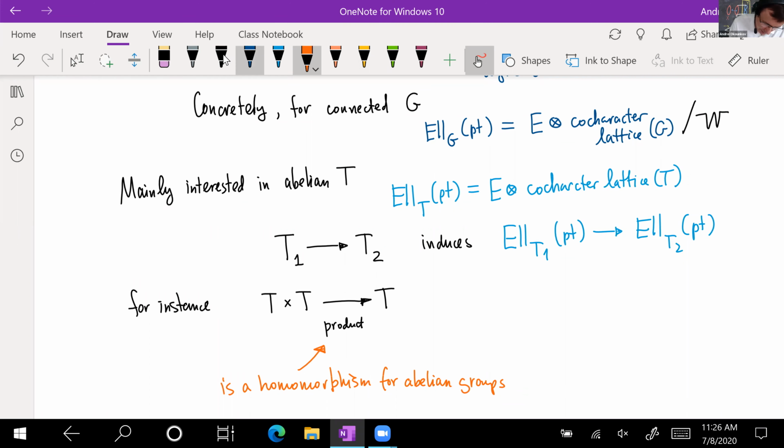And what would this induce? It induces addition, it just induces whatever group law.